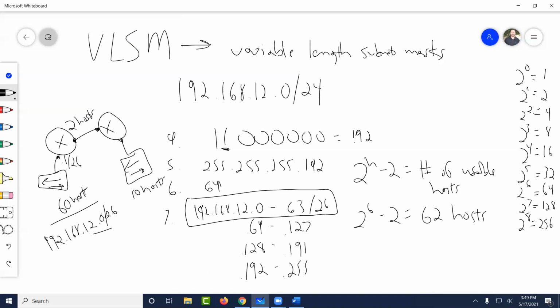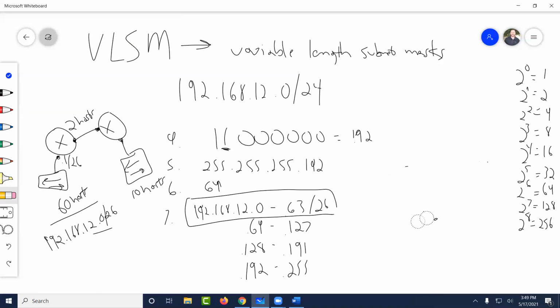The curriculum would then say, okay, if we're going to use VLSM, this is still too big, right? We don't need 62 hosts. We need to take these and break it down to where we have fewer hosts on each subnet.